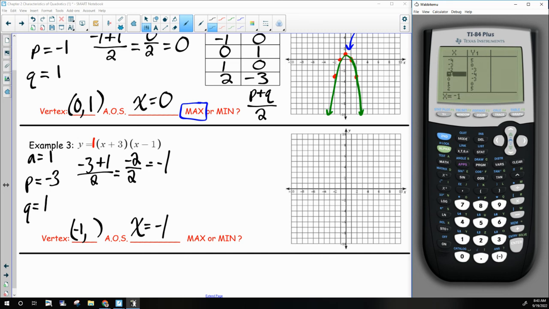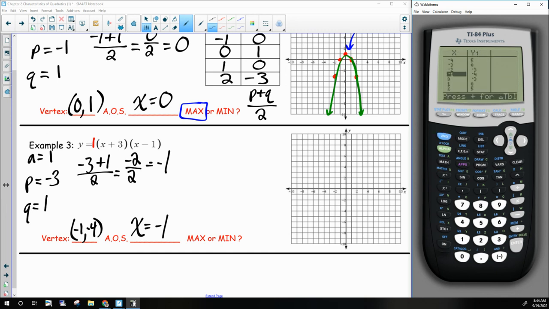Negative 1 goes with negative 4. Okay, we can also go to the graph, click trace, and type in -1 and click enter. Another way you could have done it. Again, lots of ways you can find that y value. You can do any.